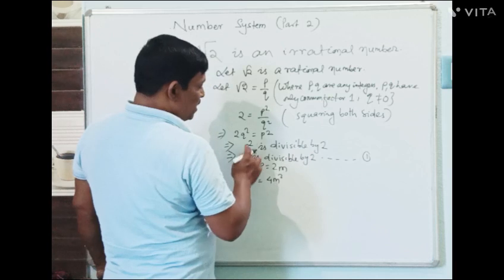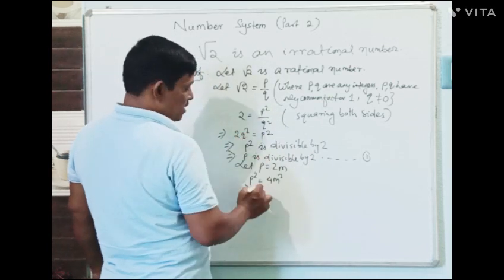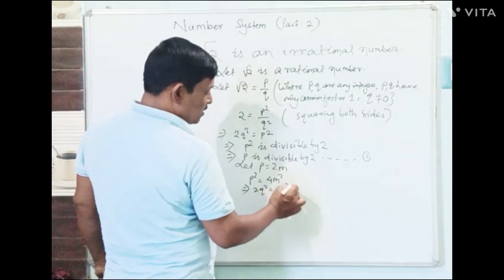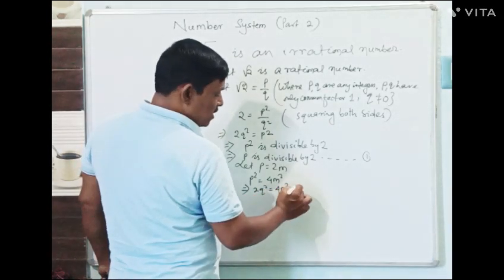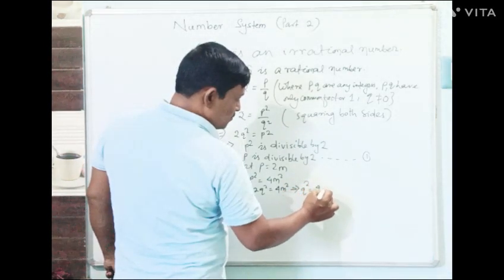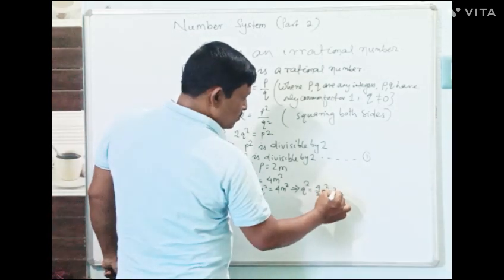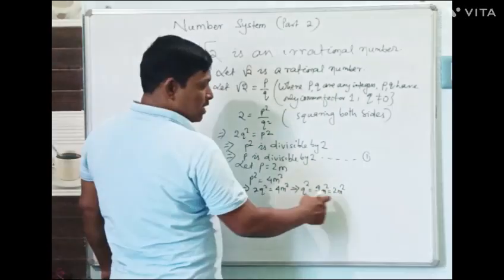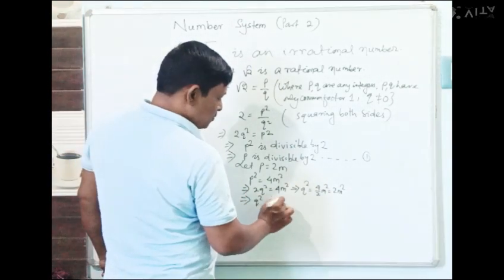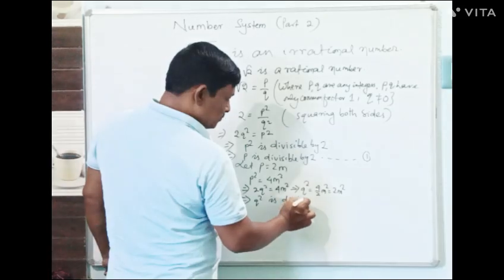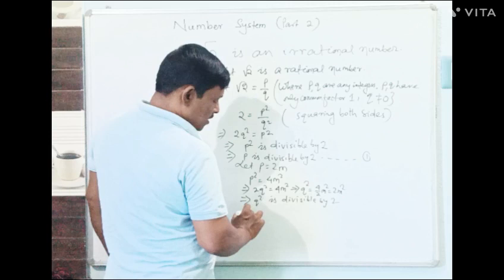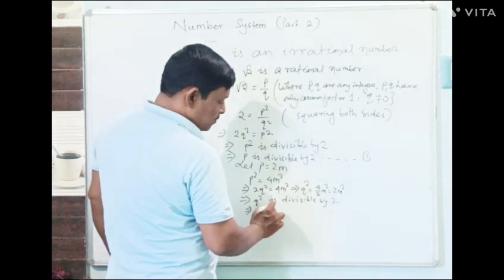Since p square is 2q square, 2q square is equal to 4m square, which implies q square is equal to 2m square. So q square is divisible by 2. If q square is divisible by 2, then q is divisible by 2.